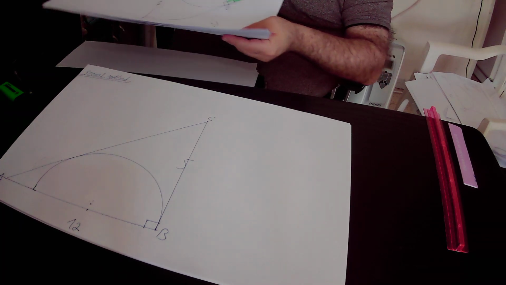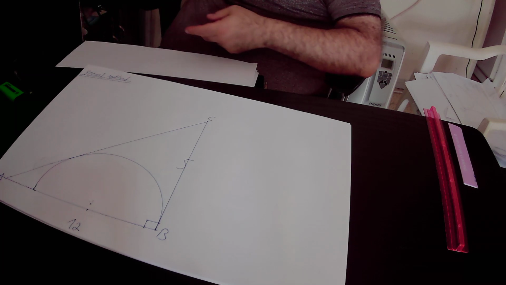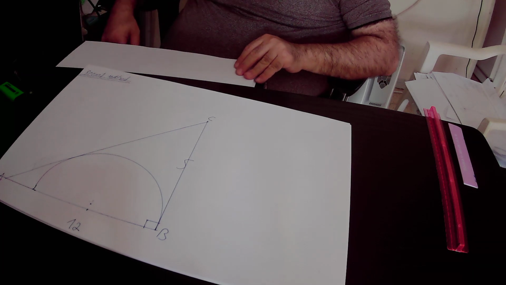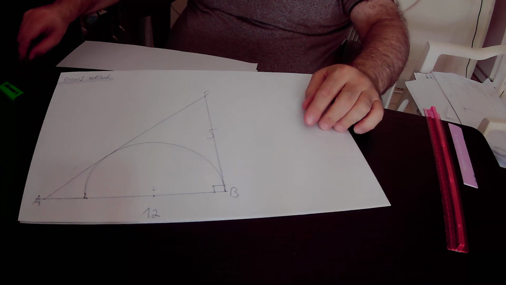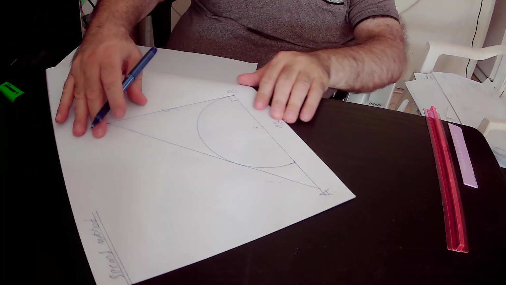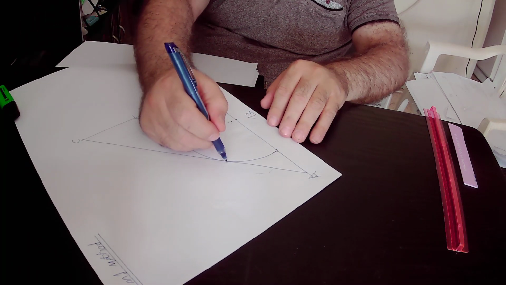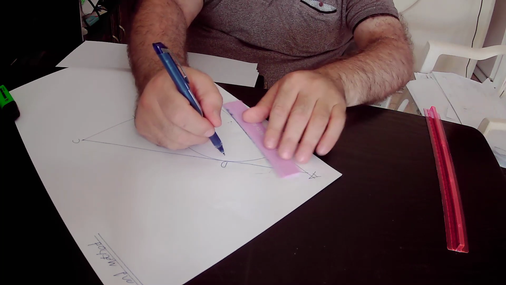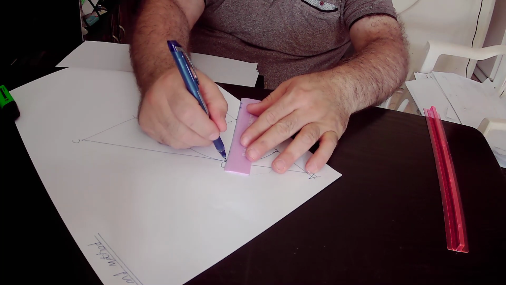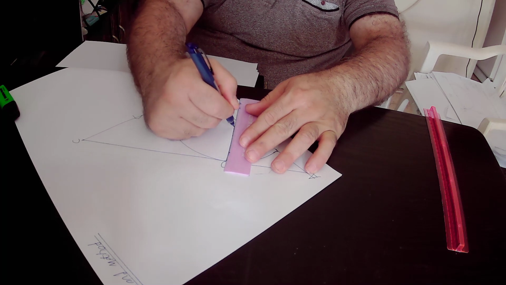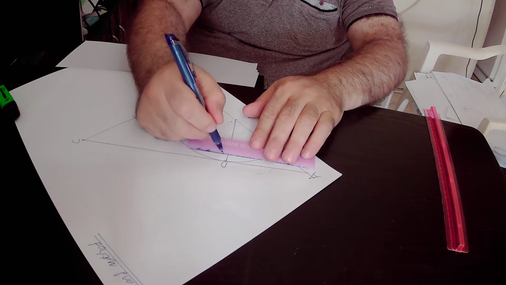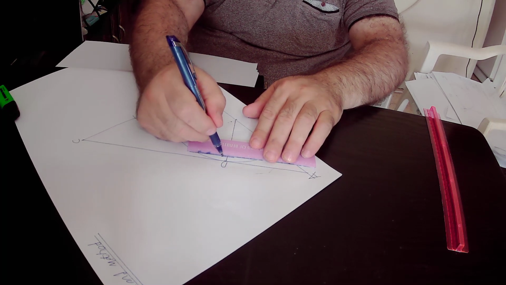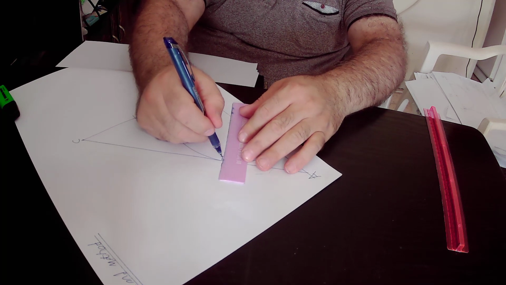In the second method, first of all, we have already found out that this point is point D. DO is the radius of the semicircle, and this angle is 90 degrees, and this angle is also 90 degrees.